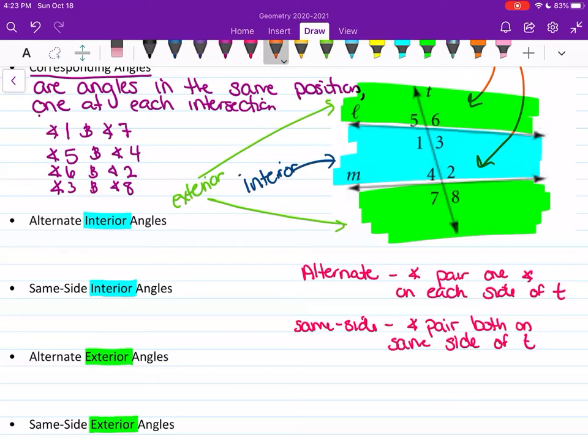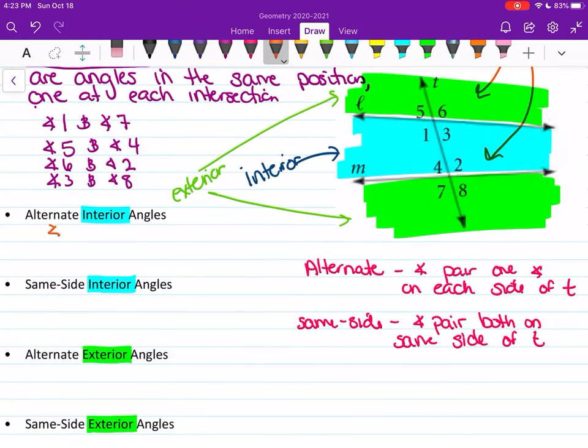Okay, so for alternate interior, I want angles that are on the alternate side. So one on one side of T, one on the other side, and they all have to be on the interior. If I have angle 1, the alternate interior to angle 1 is going to be either 2 or 3 because those are on the other side of T. So here's T. 1 is on the left side, so 2 and 3 on the right.